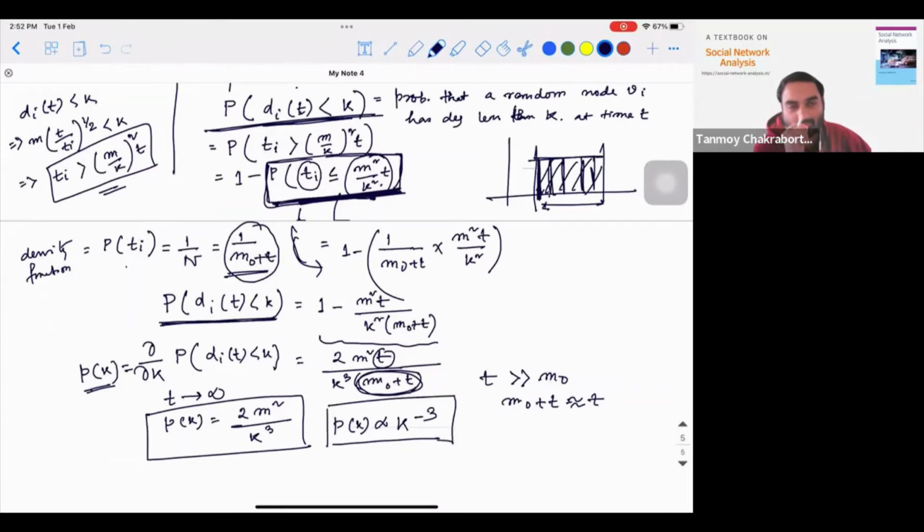So from the continuum theorem, we have shown that the degree distribution follows power law, and the exponent alpha is minus 3. Okay, you can use the same trick with master equation. We'll discuss later that with master equation you can also show that the degree distribution follows power law.